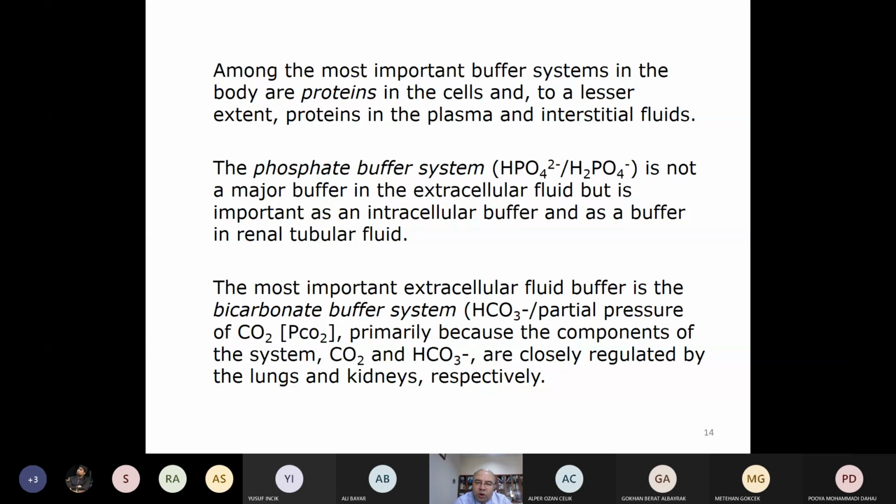That's why, although the pKa, the optimum working pH value, is quite low compared with 7.4 of blood, this system is still very important and very functional, because the components of this buffering system are regulated by our lungs and kidneys. That's why this system is the most important extracellular buffer.